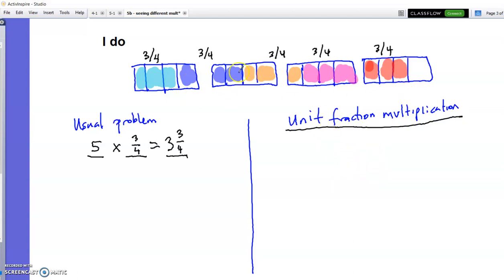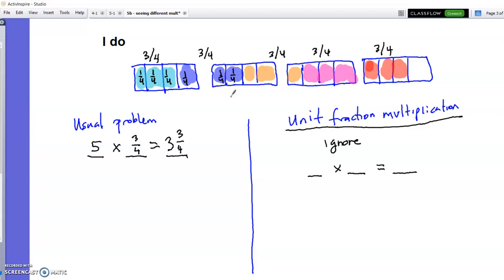So another way I could look at this, it's almost like I ignore the colors here and say, what if those were all the same color? What multiplication problem would I see? And I'm going to use unit fractions to do it. So when I see this, if I ignore the colors, I really just see 1/4 a lot of times, right? 4 in this one, 4 in this one, and so on.